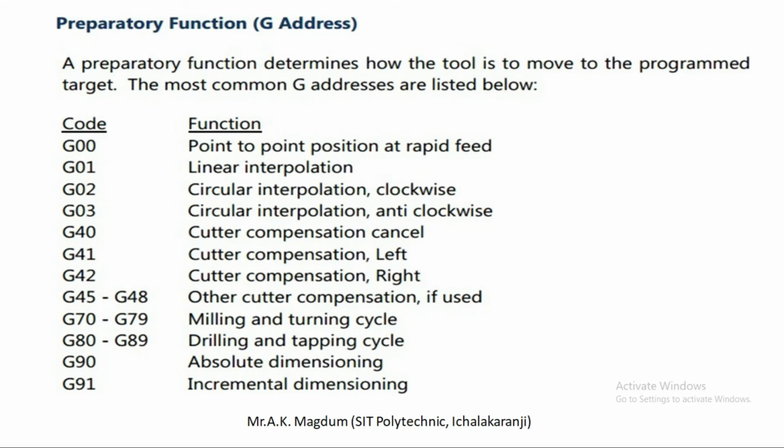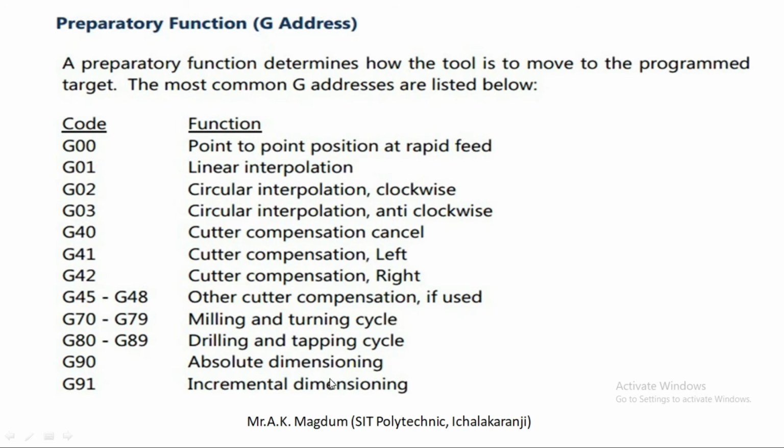G41 means what? All the preparatory functions have their own set of coding languages, and these preparatory functions or G addresses are used in the program for different operations. That's why there are so many G addresses listed here up to G90 and G91.